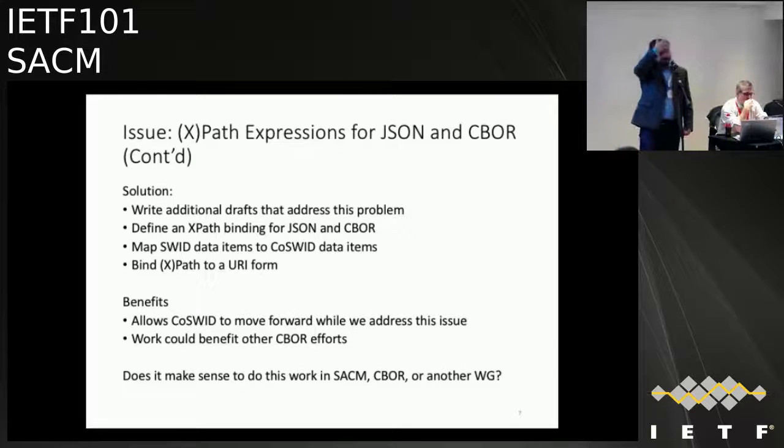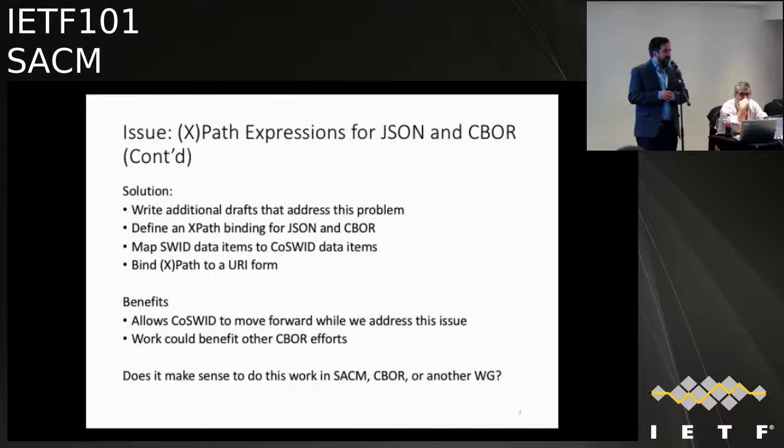So we believe the solution here might be to write additional drafts that address this problem. And again, by describing this in additional drafts, we can move forward with publishing co-SWID while we work to actually solve this tightly scoped problem. So what we're proposing we do is define an XPath binding for JSON and CBOR.